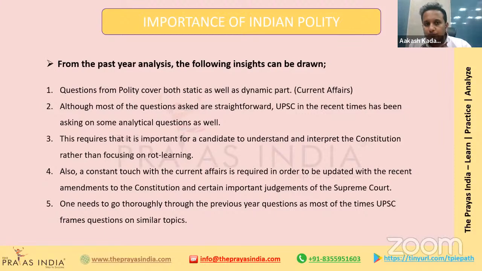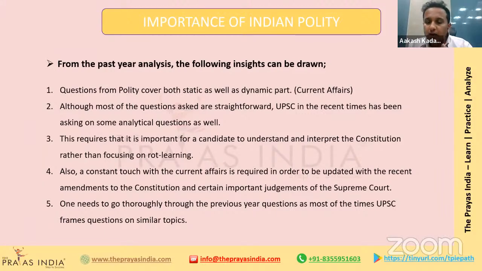So again, if we have to talk about prelims, and go into brief about whatever we have discussed over the past 10 minutes, we can see that Indian polity and the Constitution play a very, very critical role in the prelims examination, because almost 15 to 18 questions are asked from this section, which amounts to almost 30 marks on average.